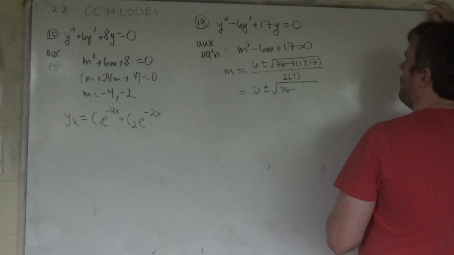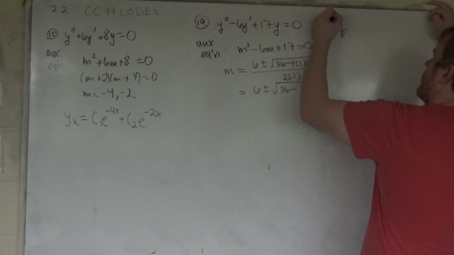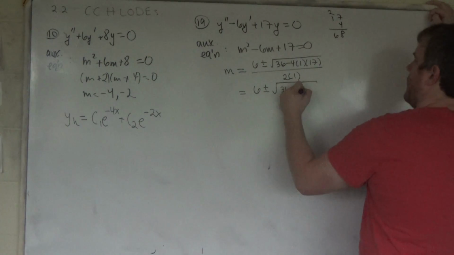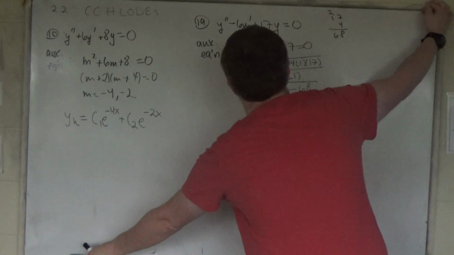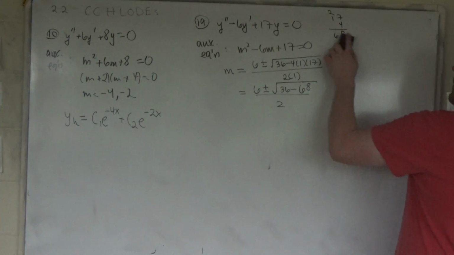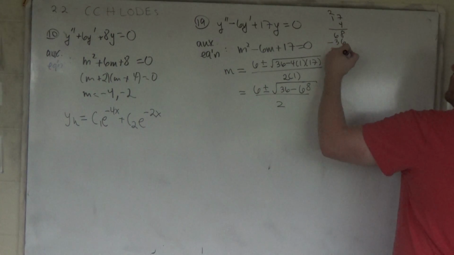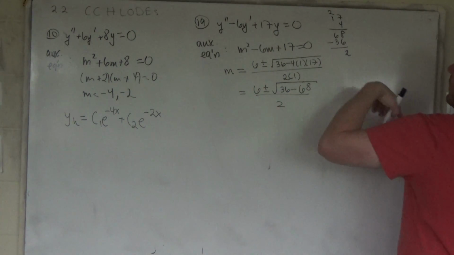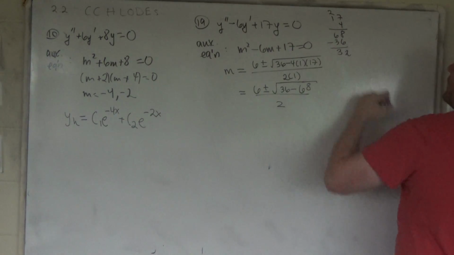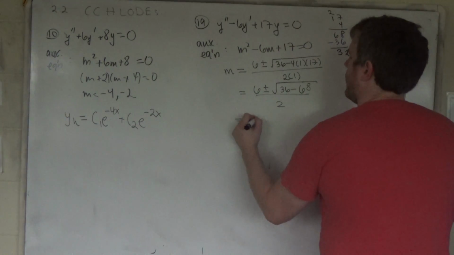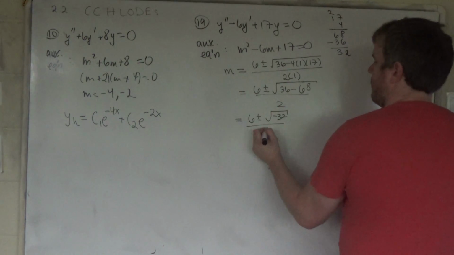Four times 17, we can do a quick calculation here, is 68. So we get 36 minus 68. Subtracting 36 from 68 yields 32. So we get 6 plus or minus the square root of negative 32 over 2.